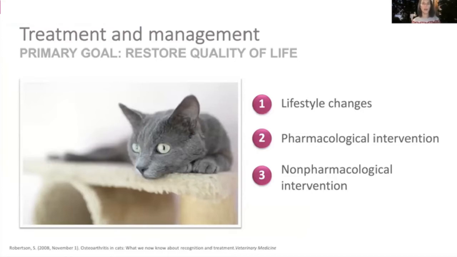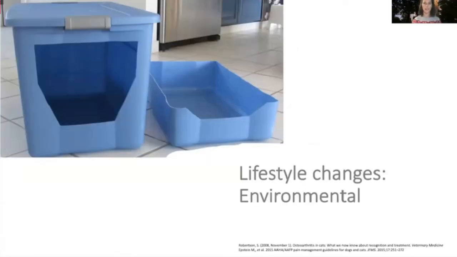If we think about our primary goal being restoring quality of life, that means that we have to think about all of those pillars that are important, not just the treatment of the pain itself, but the lifestyle changes, the behavior or the environmental changes that we can make, pharmacological interventions, and those non-pharmacological interventions to help these cats.